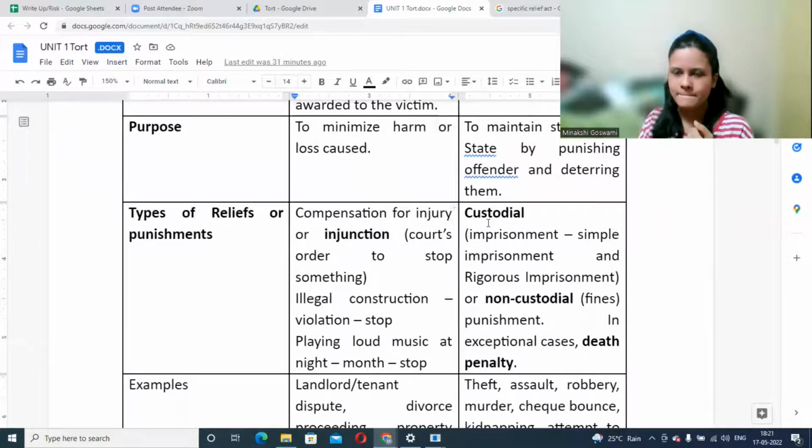Ma'am, one more thing. Suppose you are my neighbor. We both have properties next to each other, and you occupy half of my land. I go to court saying that you have occupied my place, and I get this injunction order. One day I prove that you have occupied my land, and you are ready to demolish and give my property back.